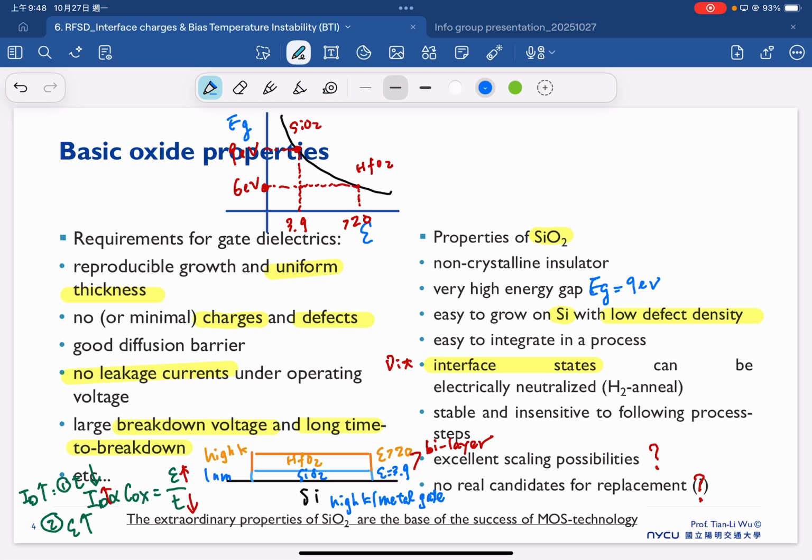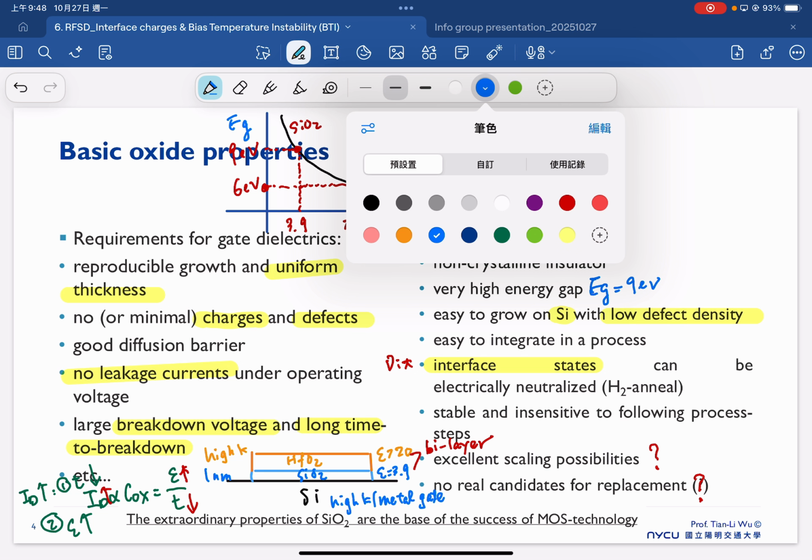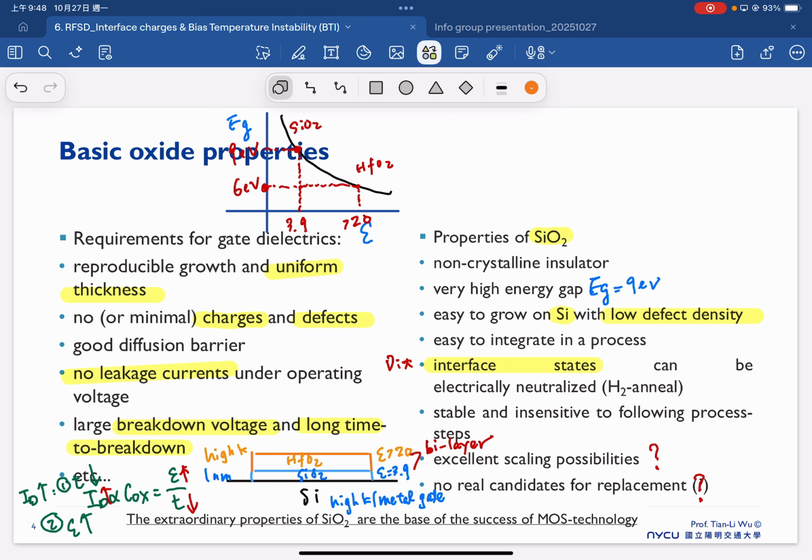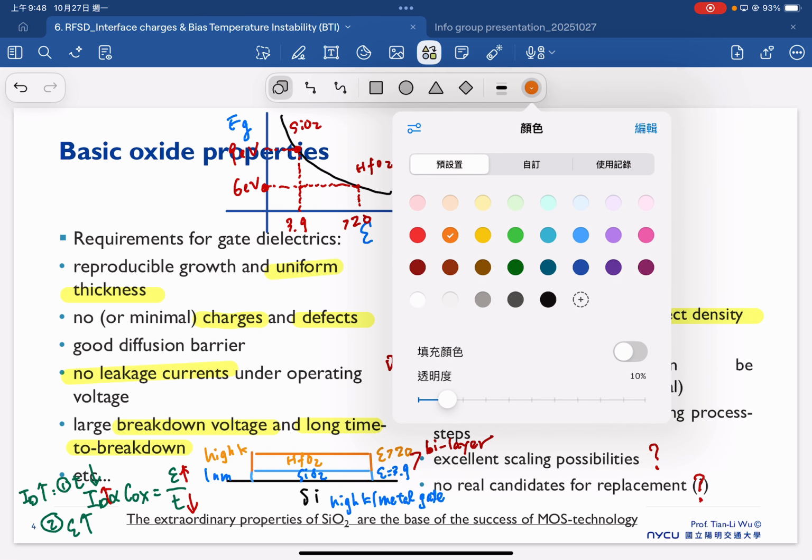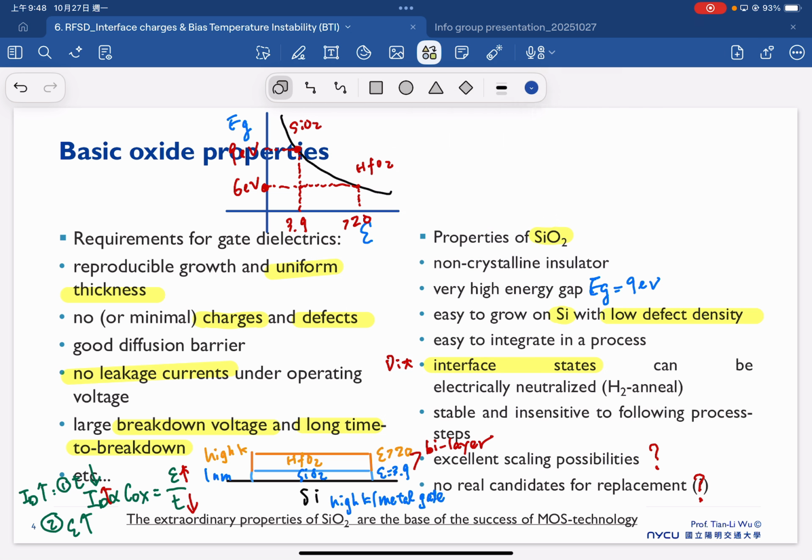But still the SiO2 will be the most important dielectric, because it has several very good properties here.